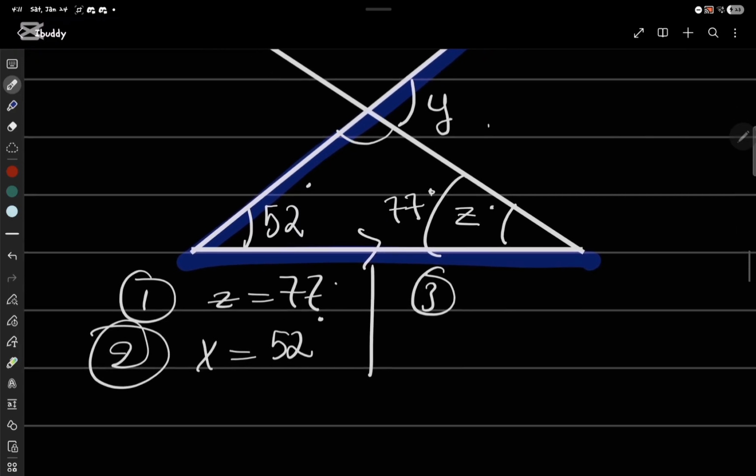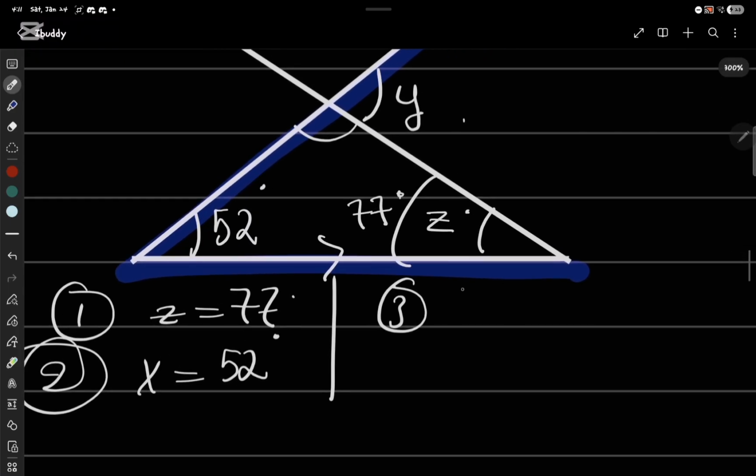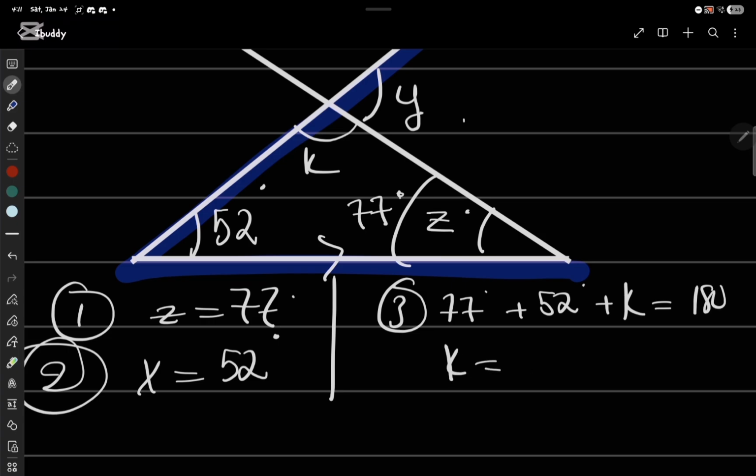And so in a triangle, we can use the 180 rule. So 77 plus 52 plus, let's call that angle K, plus K equals 180. So K would be 51 degrees.